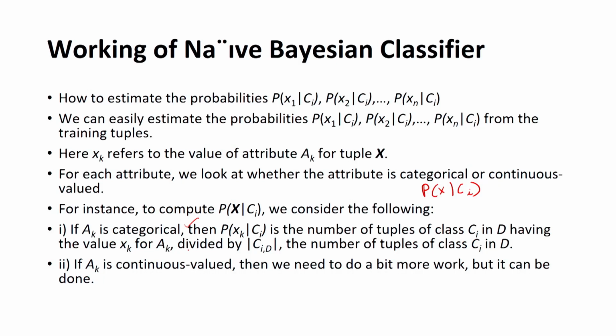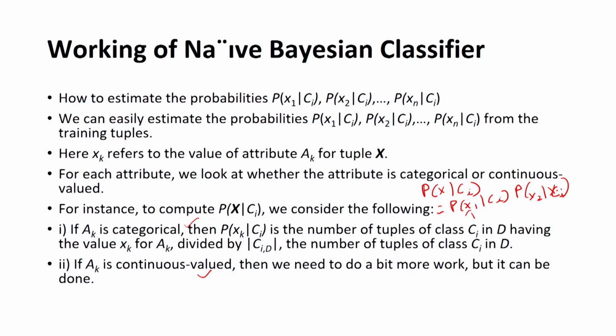So probability of x given Ci is calculated as probability of x1 given Ci into probability of x2 given Ci, and so on.